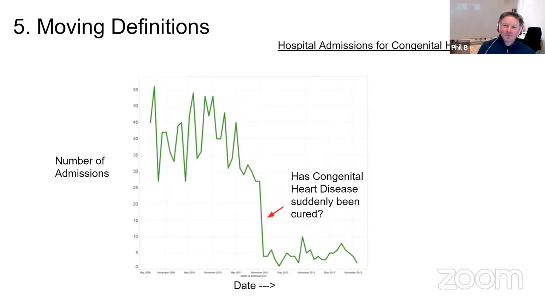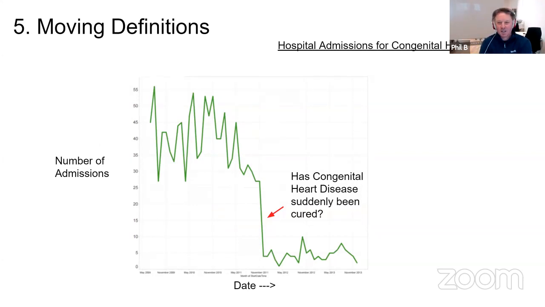This is another hospital data set, and basically you get a code when you go to hospital for each thing that's wrong with you, or each procedure you have. And looking at those codes through time, you can see what's going on health-wise in the population.